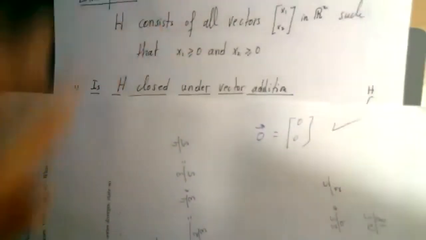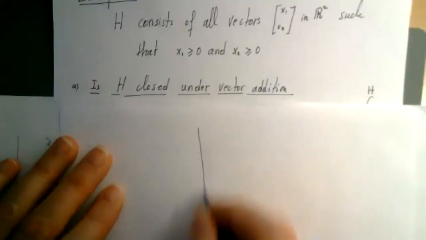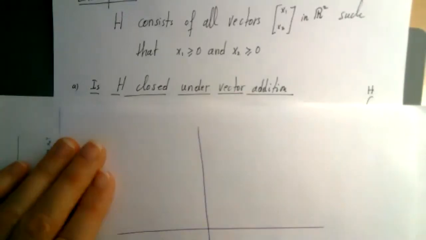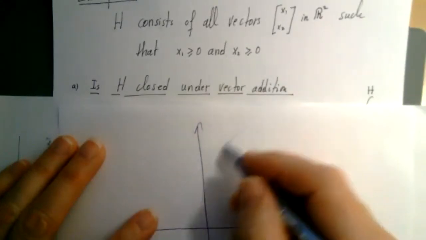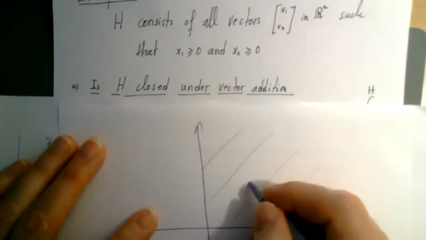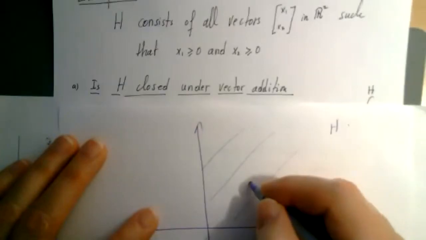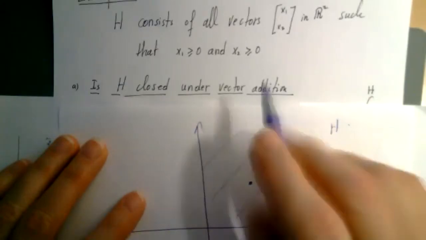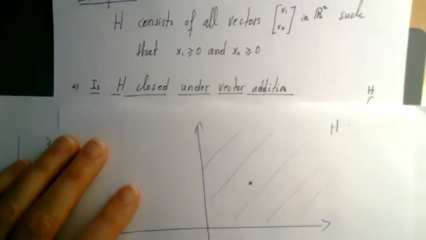So geometrically, in this particular problem, we can visualize H as every vector where the tip of it lies in here. Every vector whose tip absolutely lies in here, because the vector has to satisfy both entries are positive.